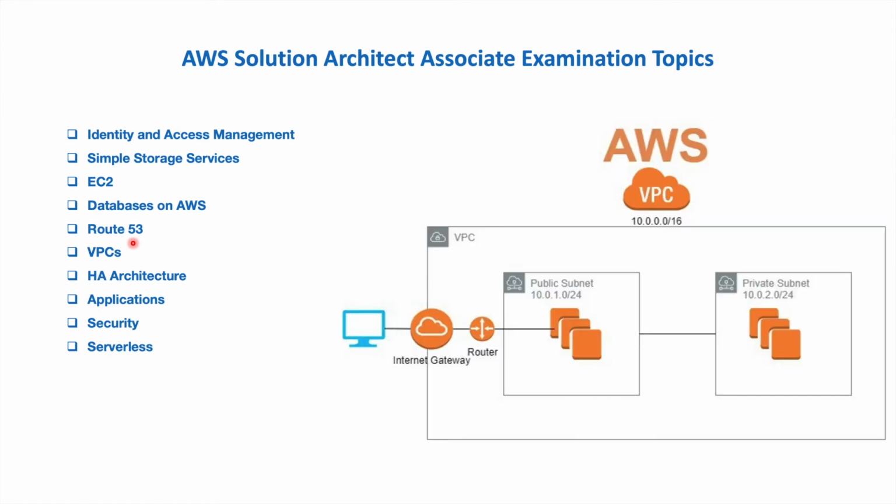Next is VPC. VPC stands for Virtual Private Cloud. Actually, it defines the network. Suppose I have a company, and in my company there are different domains, like maybe a sales domain and a development domain, and I want to create different networks for the two teams.